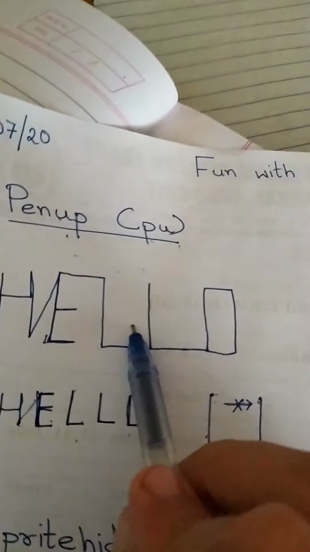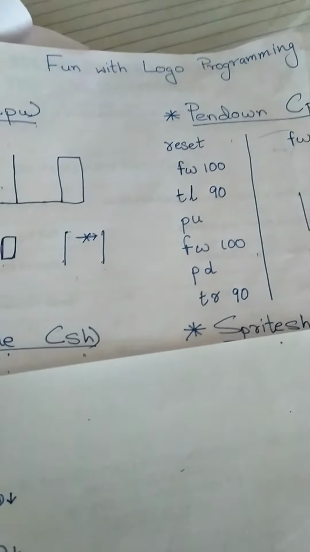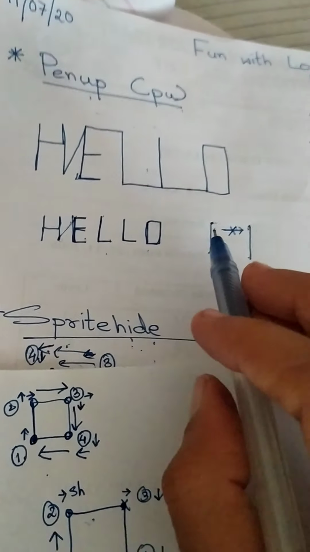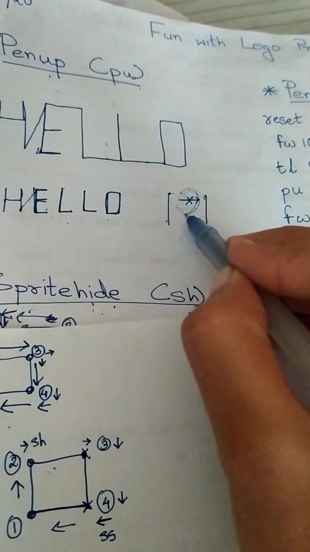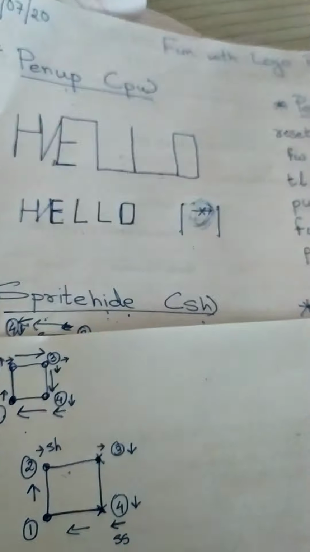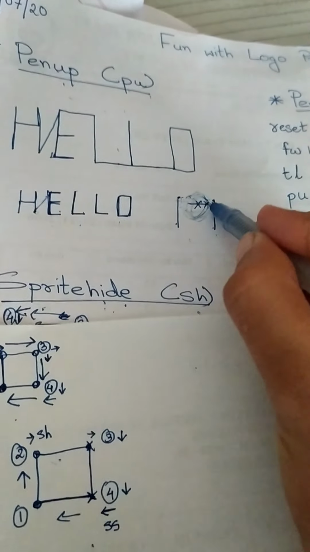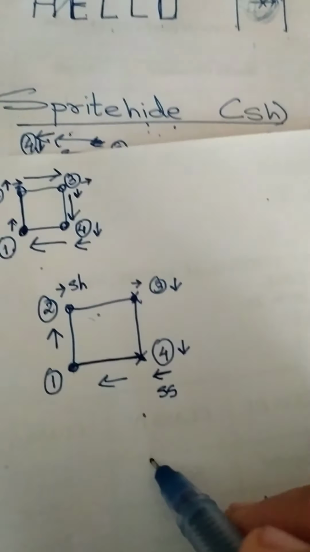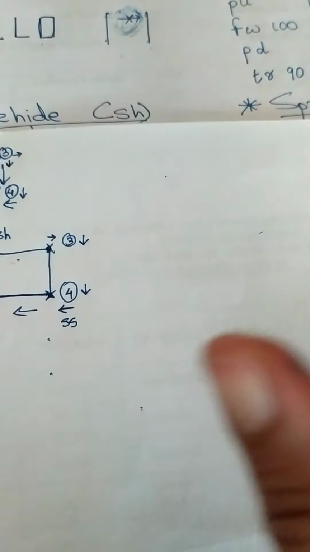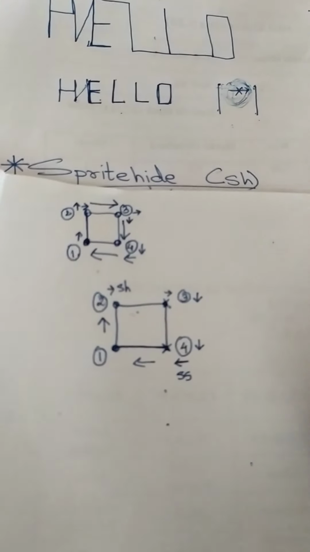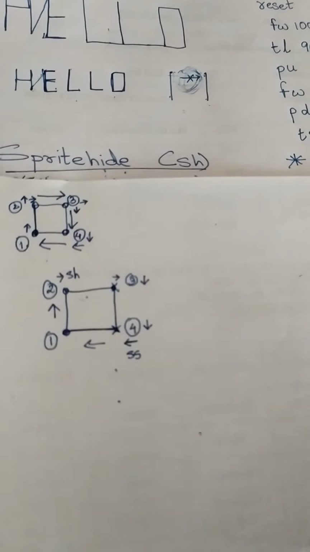But in pen up and pen down commands, what happens? The turtle won't draw the lines when we pen up. But in spirit hide and spirit show, the turtle will do its work, but it won't be visible.